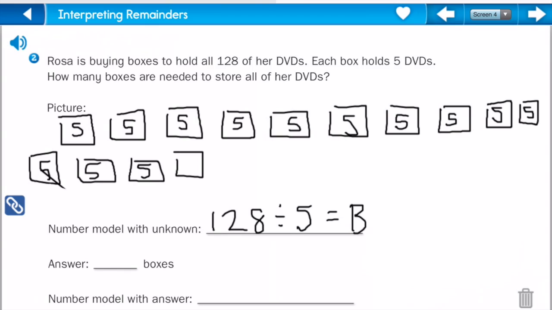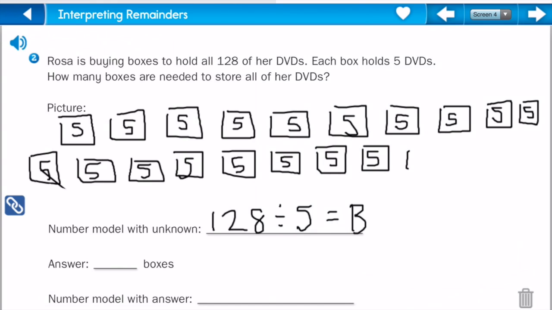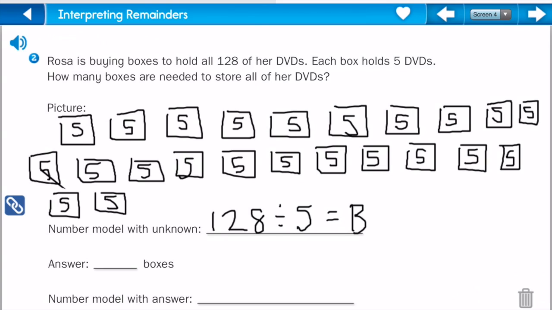65, 70, 75, 80, 85, 90, 95, 100, 105, 110, 115, 120, 125, 130.